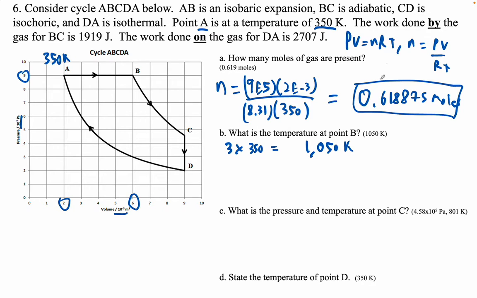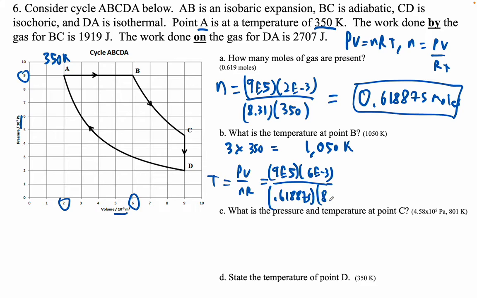Well, T is going to equal, from this, PV over NR, right? So you could also do it this way, right? So at B, the pressure is 9E5. The volume is 6E minus 3. The moles are 0.618875.